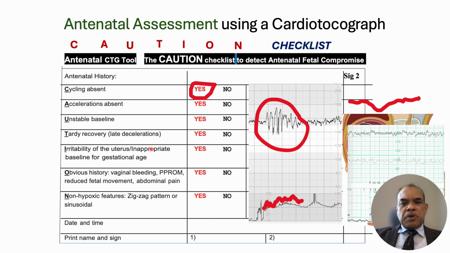So that is your CAUTION history, and here you can see there's myometrial irritability, there's zigzag pattern due to chorioamnionitis. In the same way, you can have myometrial irritability and 10% rise in the baseline at term, and therefore the baseline is inappropriate for the gestational age at 41 weeks. However, you could see the normal guidelines will miss this baby because of having a wide range 110 to 160 for the baseline, and fetuses with inflammation due to increased neuronal metabolism, they rarely reduce the baseline variability.